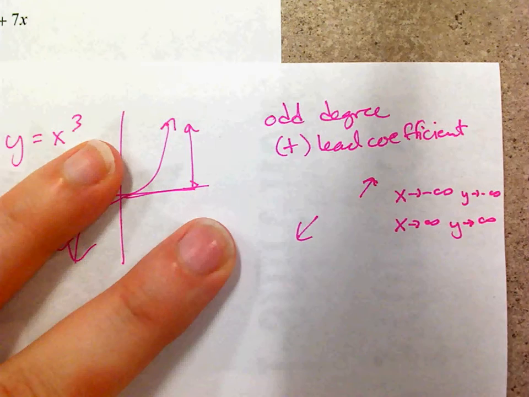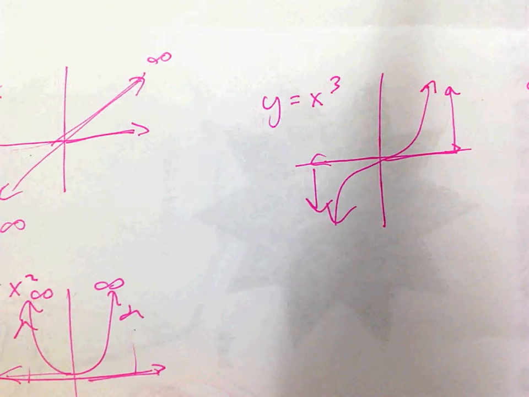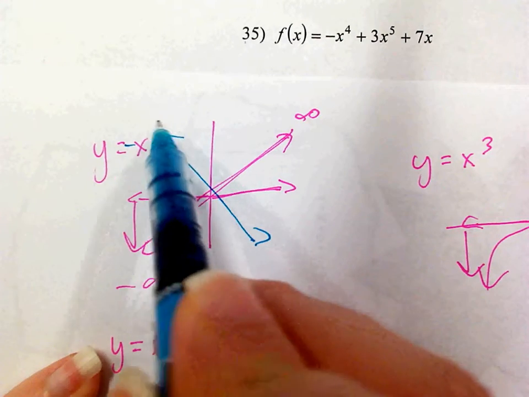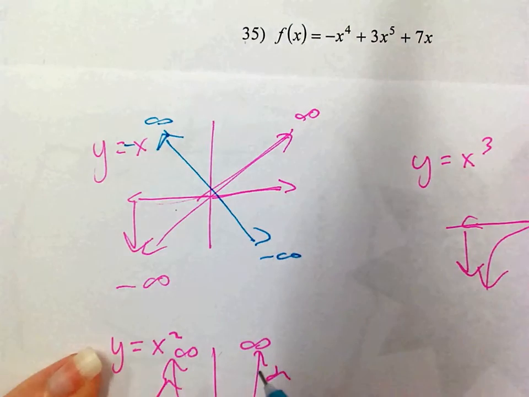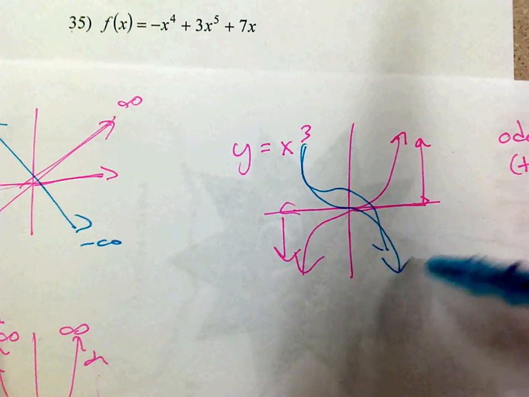If you have an odd function but it's a negative, well, a negative x would look like this. So it starts from above and goes down. A negative x cubed does that. Starts from above and goes down.